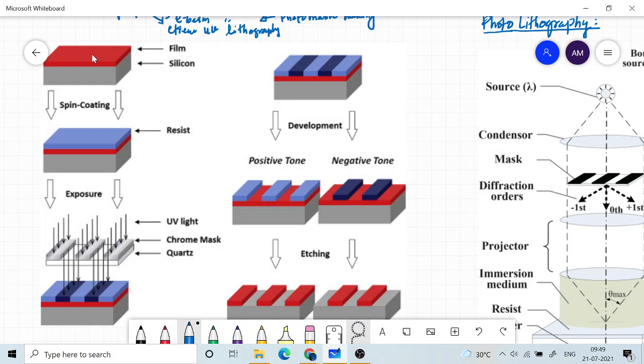So we need to pattern this film, metal film or poly film, according to the layout. That is our goal. We need to transfer the software pattern into the film which is on top of the silicon wafer.